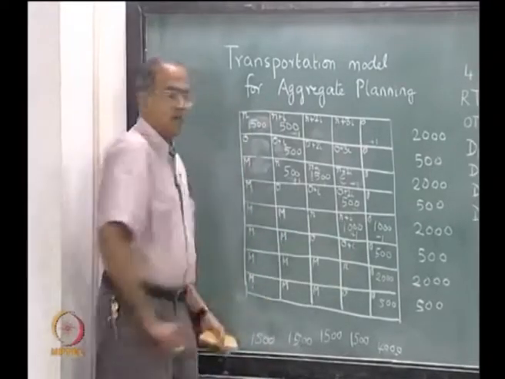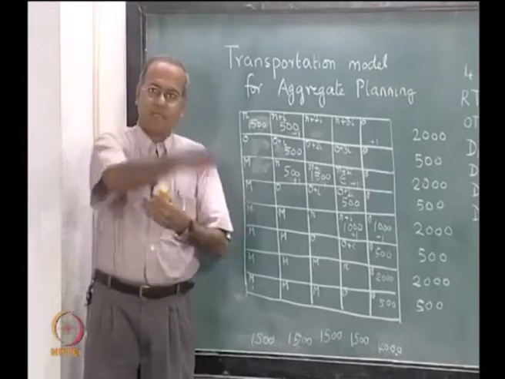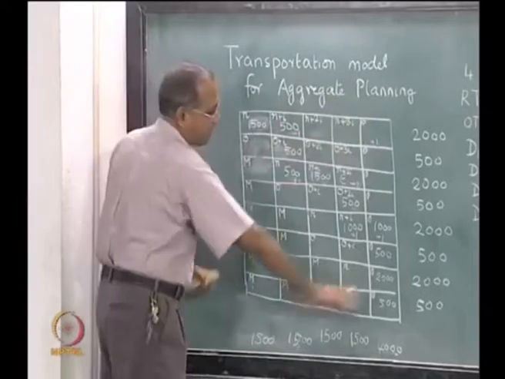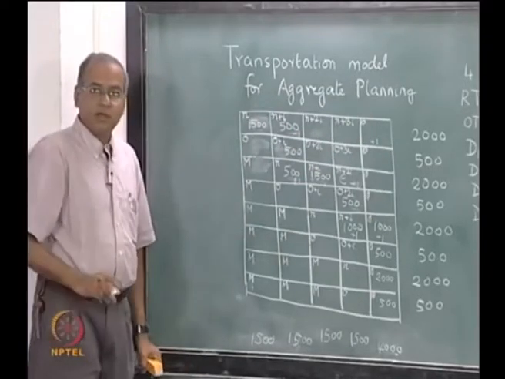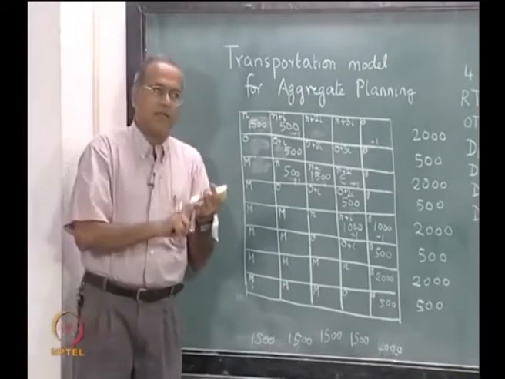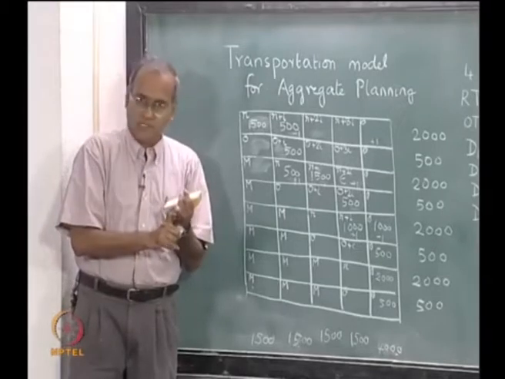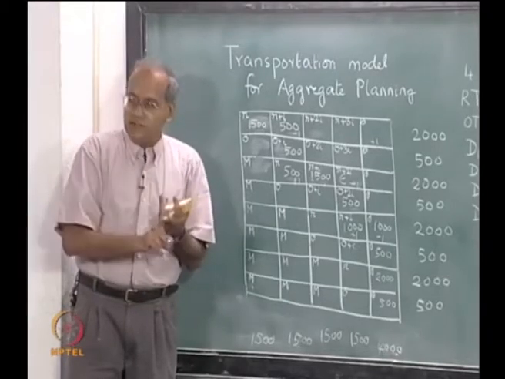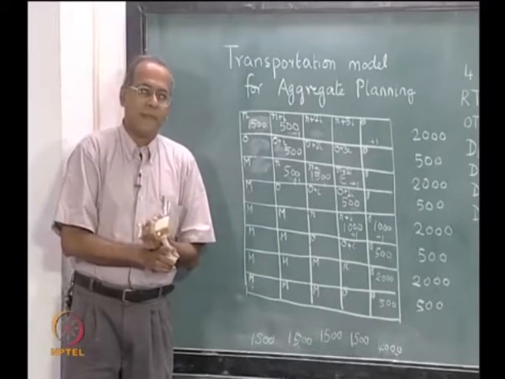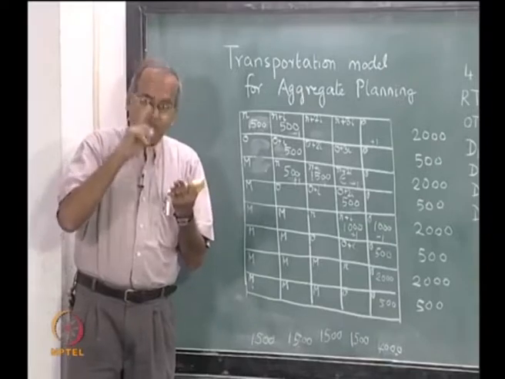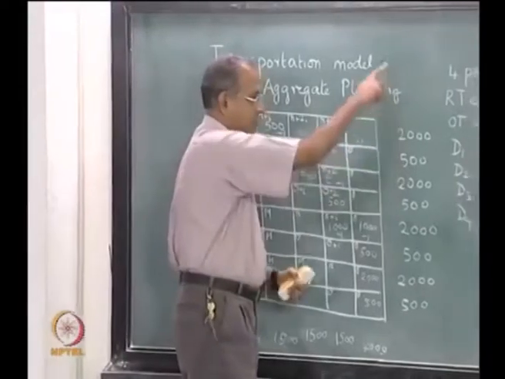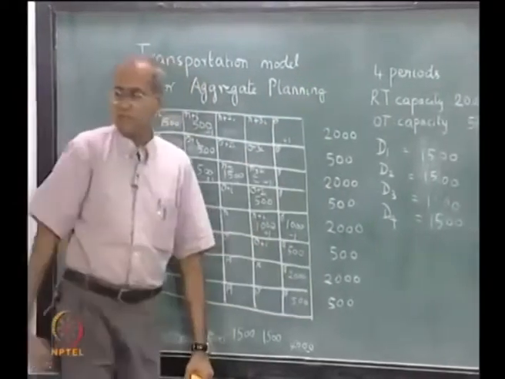So, if we apply the northwest corner rule and then the stepping stone method, the important assumptions in this table are, we are considering only regular time production cost, overtime production cost, and inventory cost, we are not considering back ordering cost. So, we are considering only 3 costs, regular time, overtime and inventory. We right now do not have a beginning inventory, we have only capacities based on this.